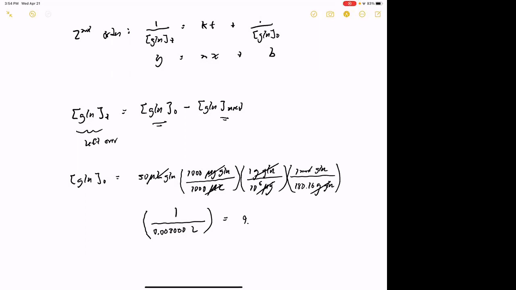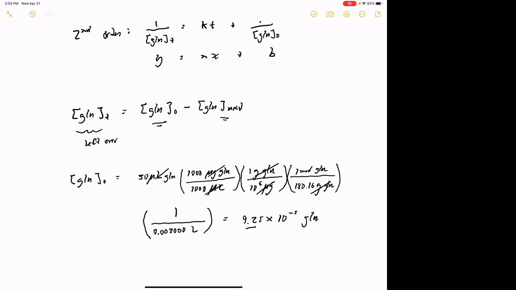You end up getting 9.25 times 10 to the minus 5th molar. That's glucose initial, the initial concentration of your glucose. That's going to be the same for everybody because everybody prepped this exactly the same way. You can show me that calculation in your notebook, but it ought to be the same for everybody.